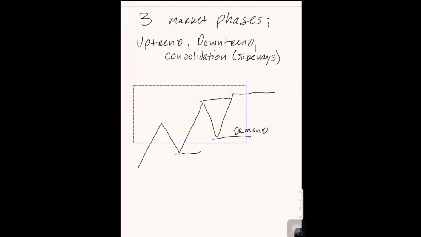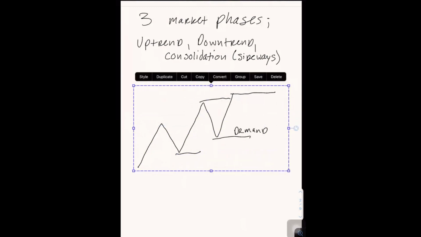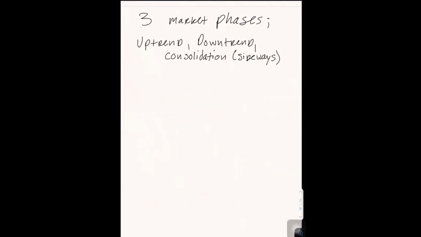In a downtrend, it's the opposite. You'll see something called lower highs and lower lows, where we break into new lows because of something called supply or sell orders. These sellers are in control in a downtrend. This pattern of behavior is created by their sell orders.